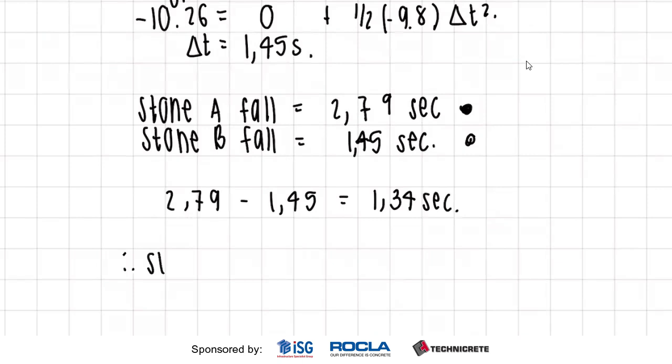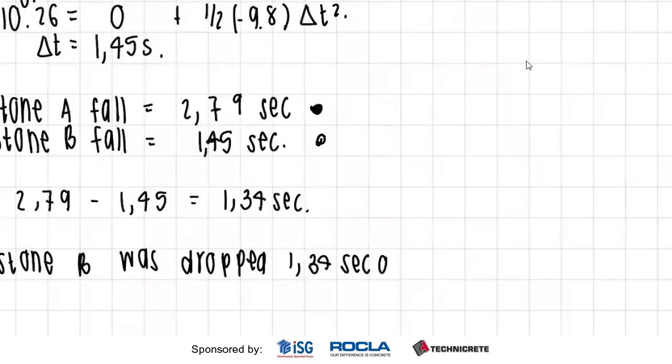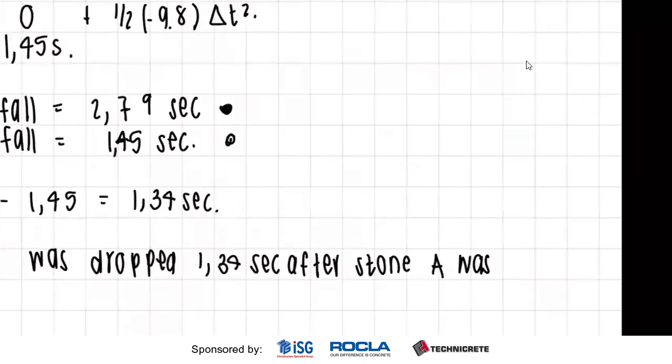Therefore, stone B was dropped 1.34 seconds after stone A was thrown.